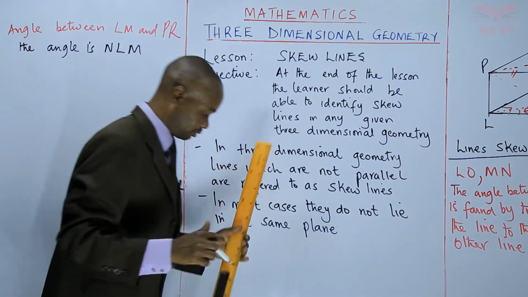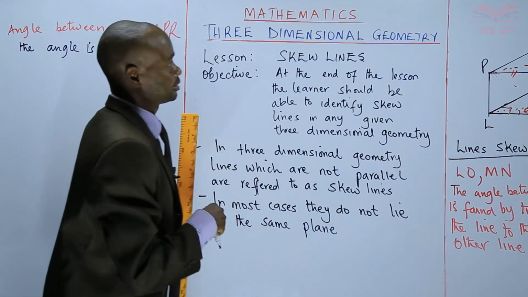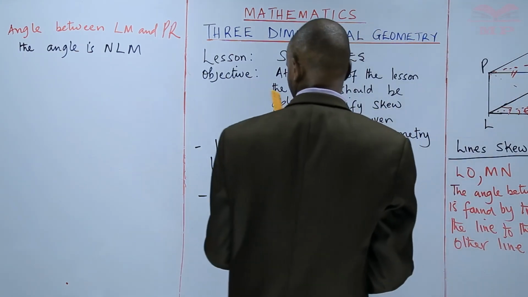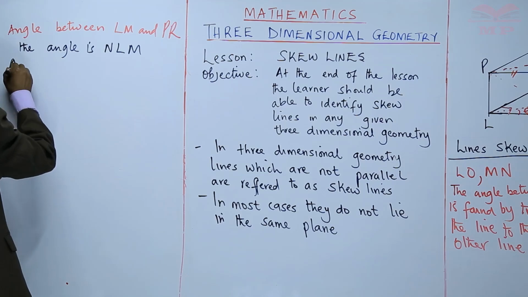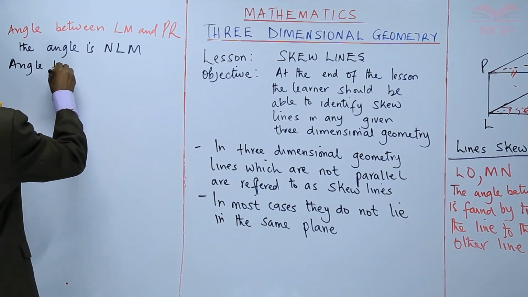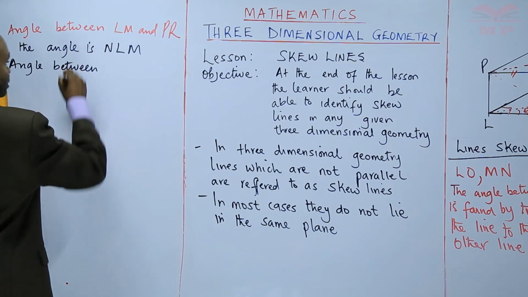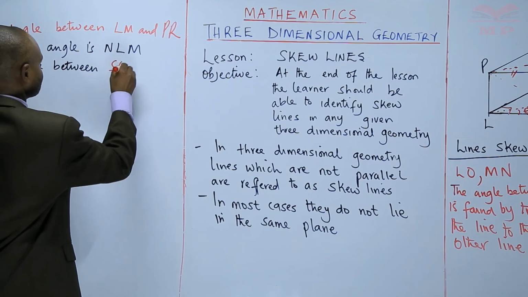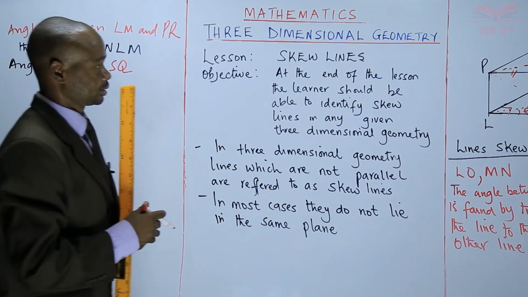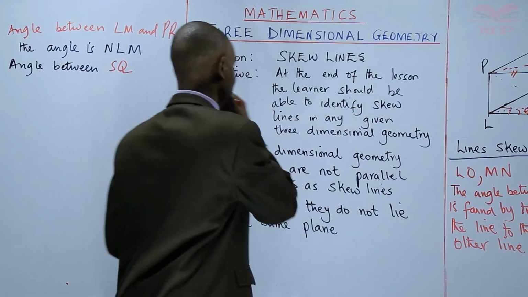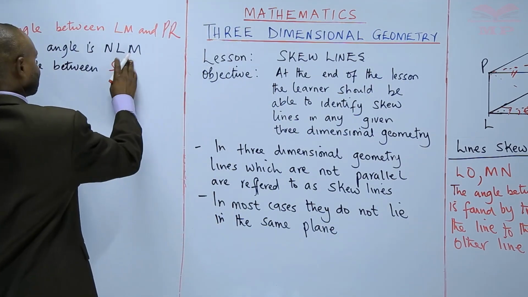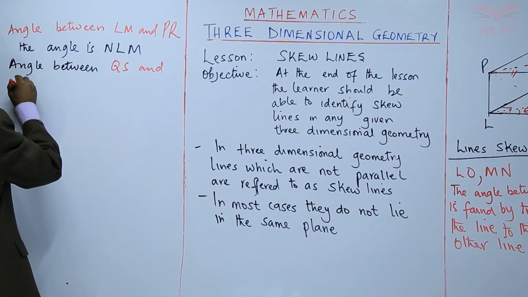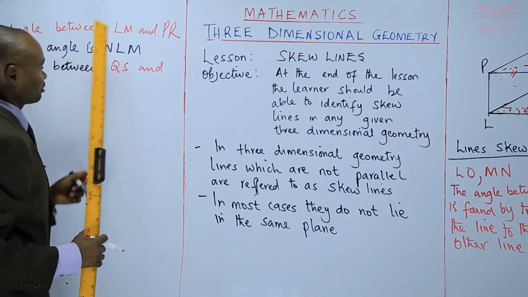We can still move further and find the angle between QS and MN. You'll come to the diagram, QS.